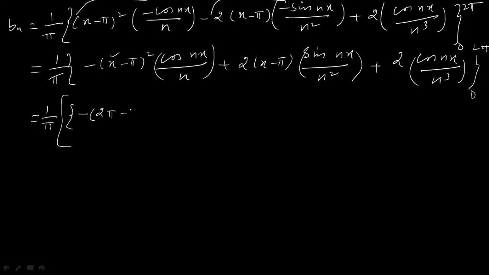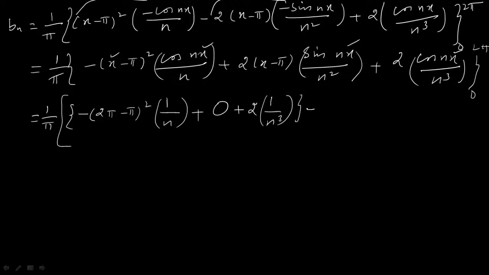So 2 pi minus pi the whole square, and cos 2n pi, so that is 1 divided by n, plus, if you replace this x by 2 pi, your sin 2n pi is 0, so the second term becomes 0, plus twice cos 2n pi, that is 1, so 1 by n cube.